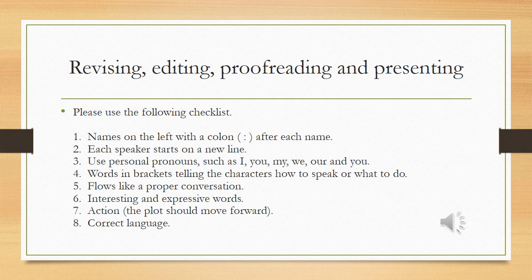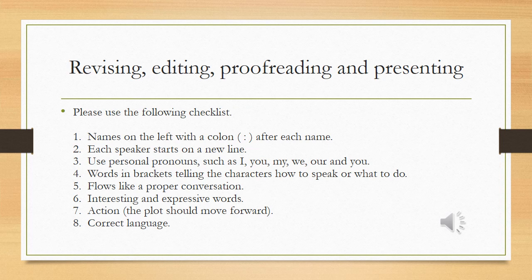Okay, revising, editing, proofreading, and presenting. Please use the following checklist to ensure that you hand in a unique, quality piece of writing. The first one, names on the left with a colon after each name. Each speaker starts on a new line. Use personal pronouns such as I, you, my, we, and our.